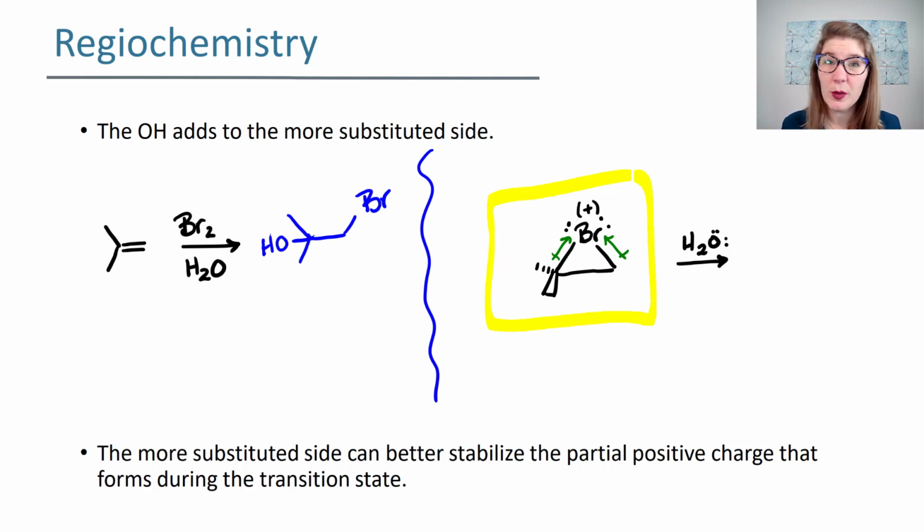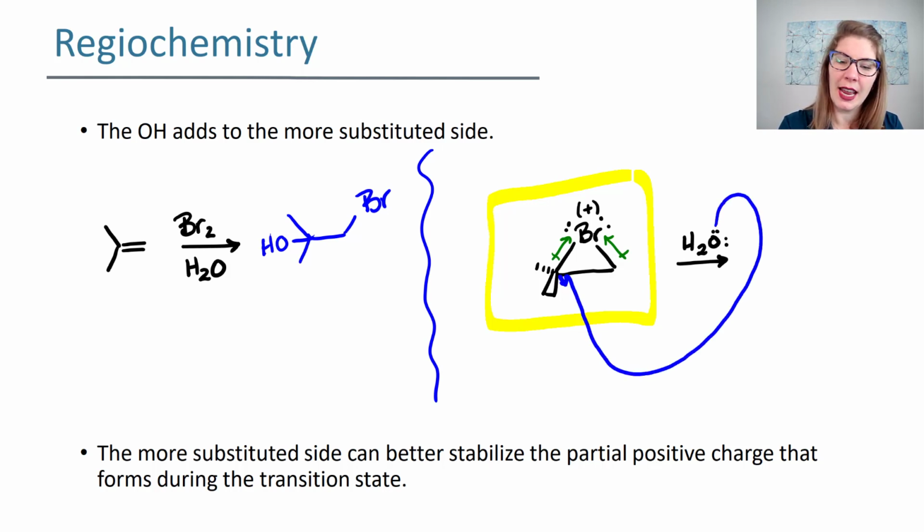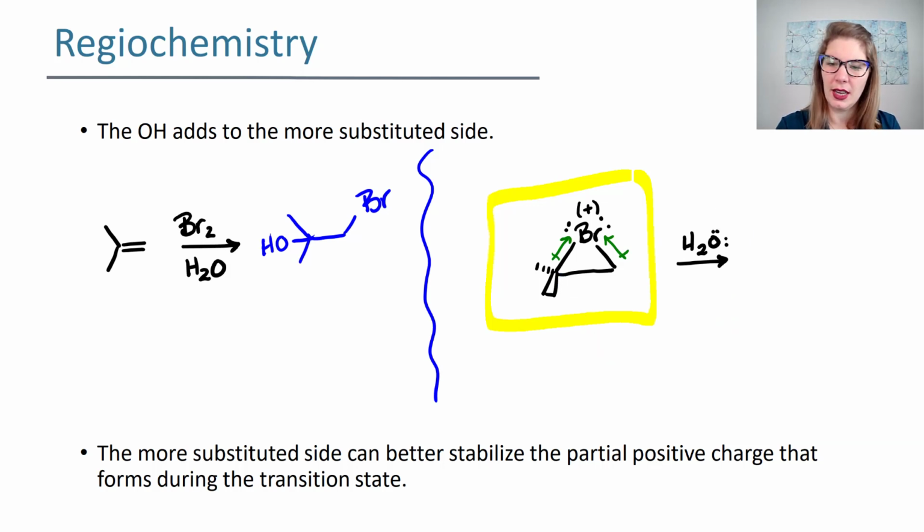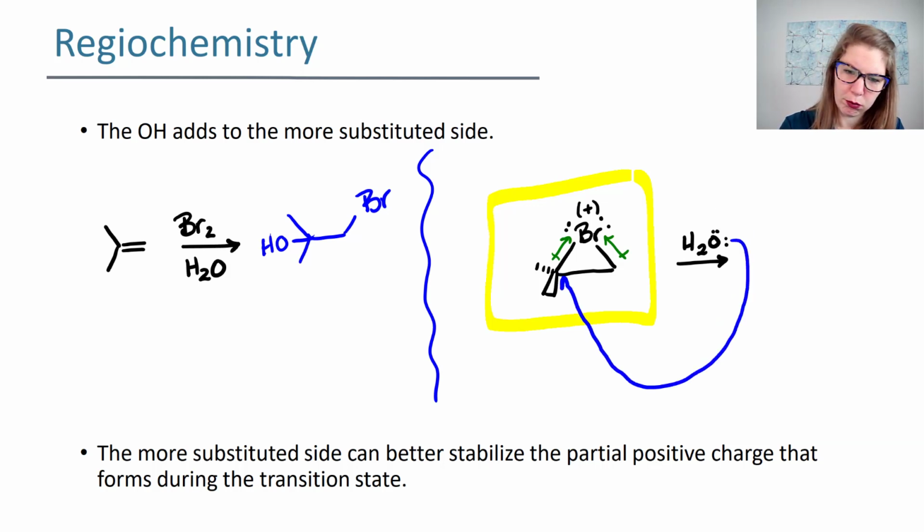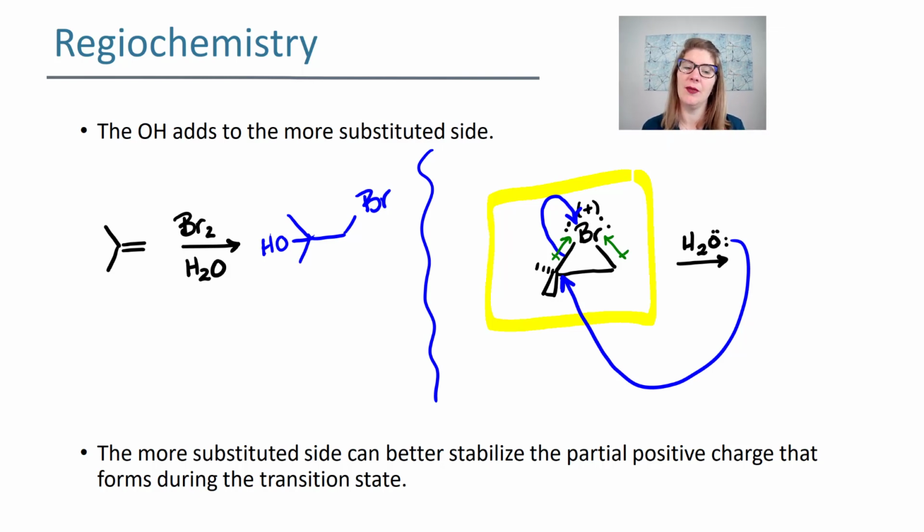Well, the one with more groups attached. So the one that's better able to stabilize the partial positive is the one that's going to have the more stable transition state. That's an ugly arrow. Let's try that again. So the nucleophile is going to attack the more substituted carbon, which is going to open this up. Right? And that is why you see the OH adding to the more substituted side.